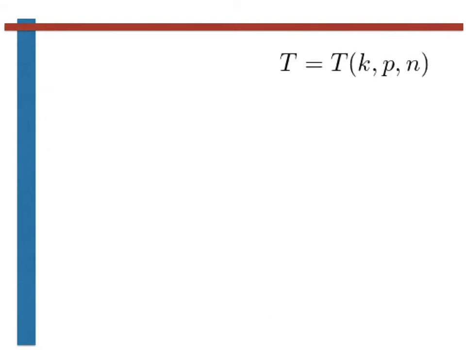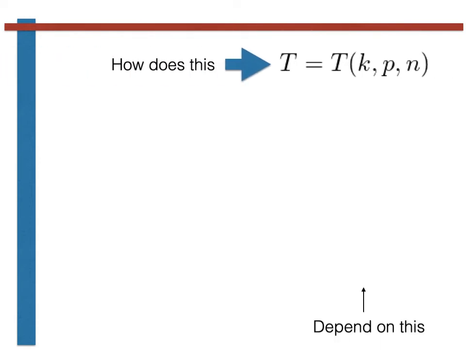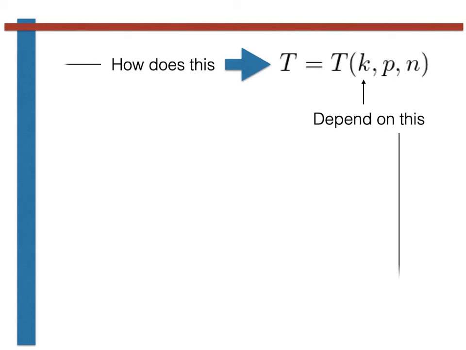Given that t depends on k, p, and n, when we come to writing up our results, we might want to try and show how t depends on one of the three variables. For example, we might want to draw a graph showing how t depends on k, as shown here.